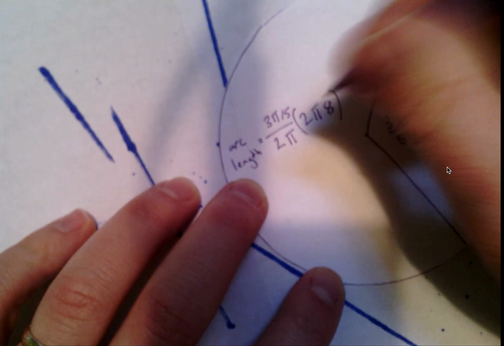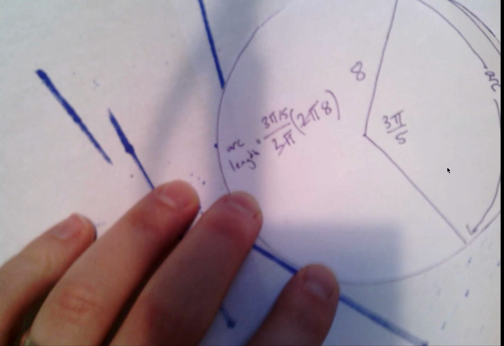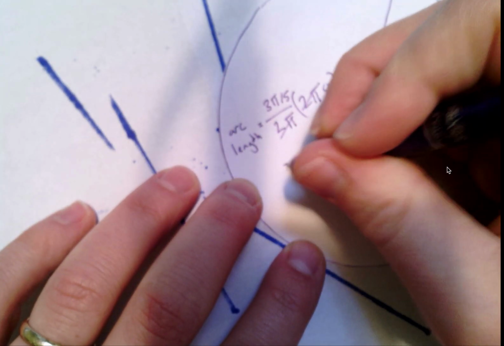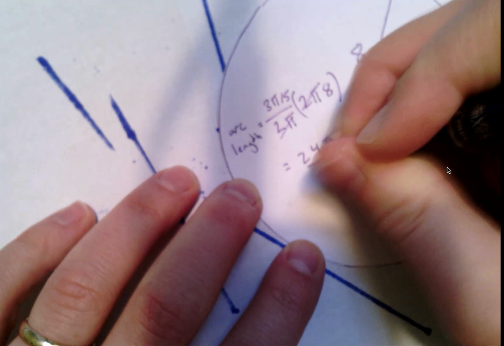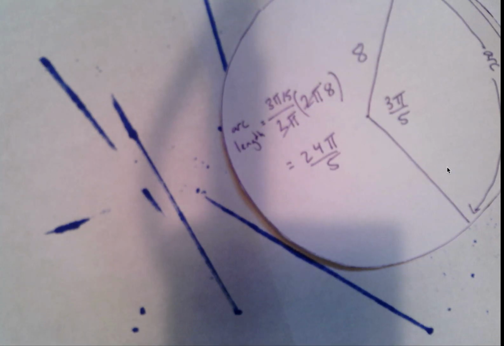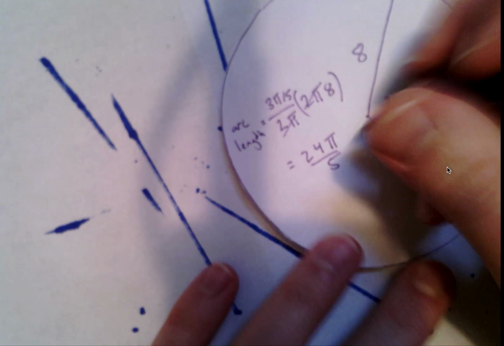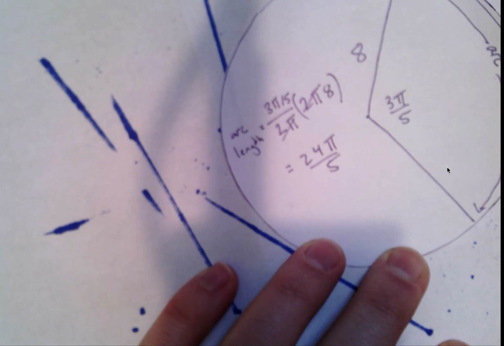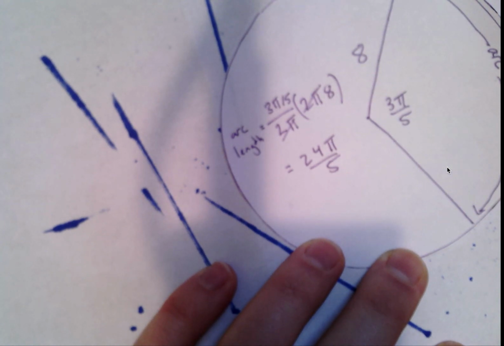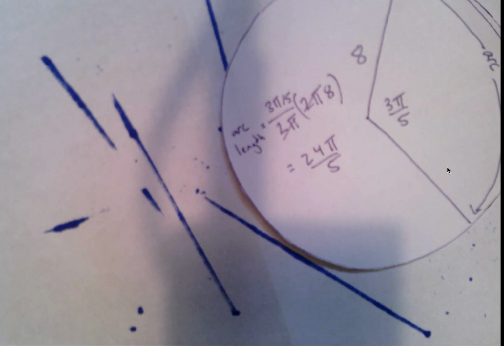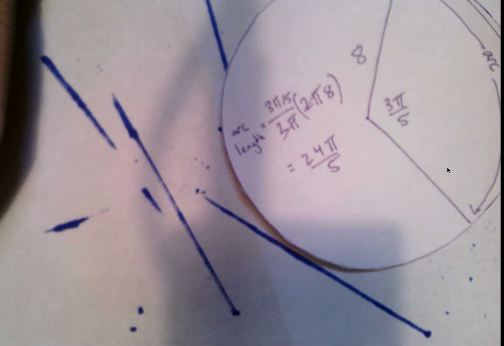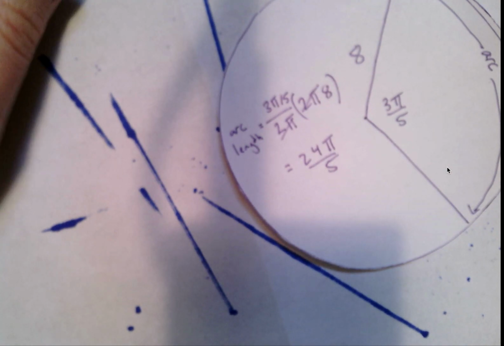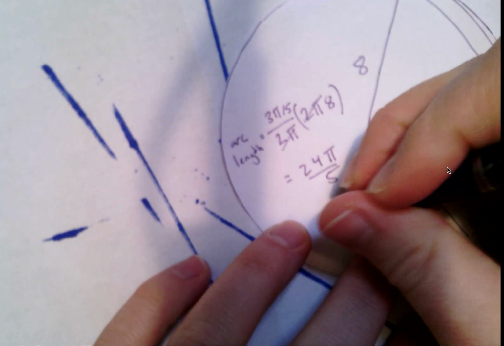So we can try to simplify this. Those 2 pi's cancel out, and we're left with 24 pi over 5, which does not reduce because 5 does not go into 24 evenly. But we can write this as a decimal, and I do have my phone on me, so let me do that. On Khan Academy, it says use 3.14 as pi.